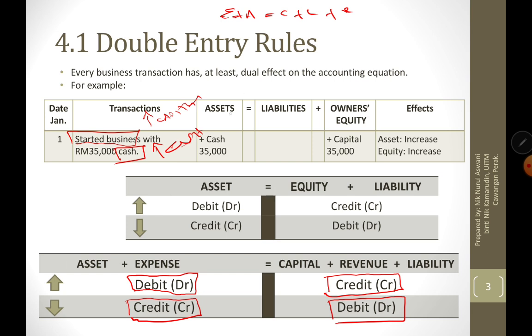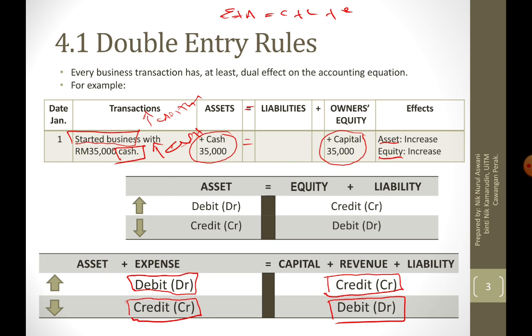So the effect, if you look at this simple equation, asset equals liabilities plus owner's equity or capital, plus 35,000 cash here, plus 35,000 capital here, means this is always equal. The effect here is on capital and cash, which is an increase in asset, the cash, and an increase in capital, the equity.